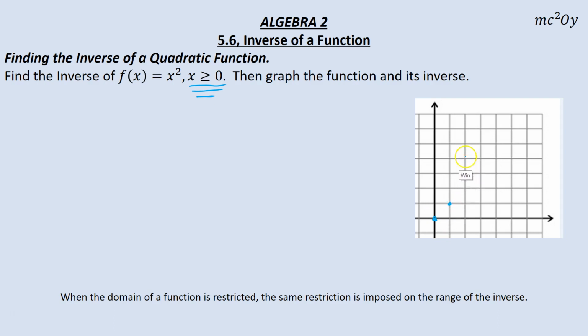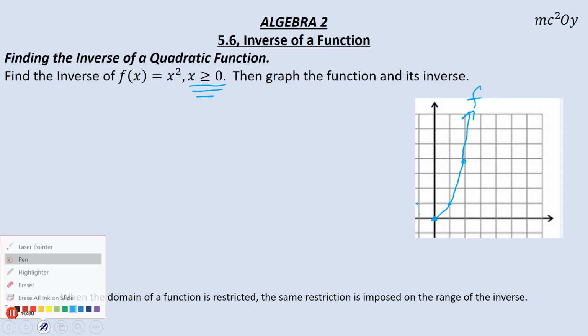That is the graph right there. Notice the quadratic would usually go up over here as well, right? However, we only want when x is greater than or equal to 0, so on this side. Therefore, I ignore this chunk of it over here. All right, so that's the graph of f.